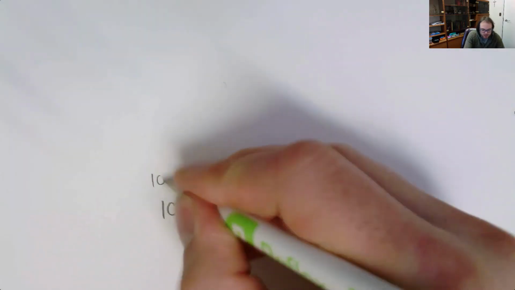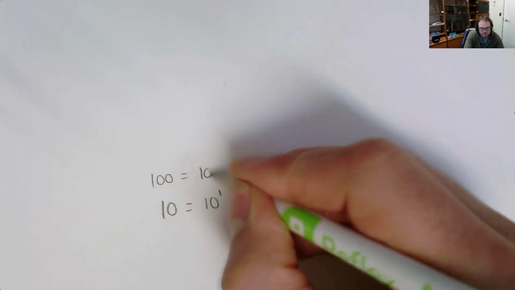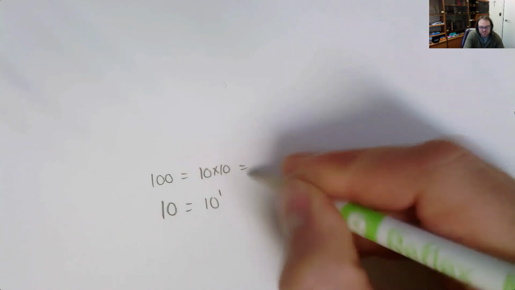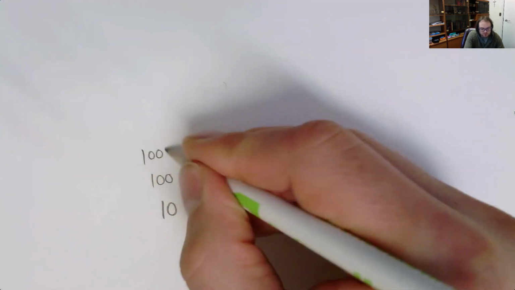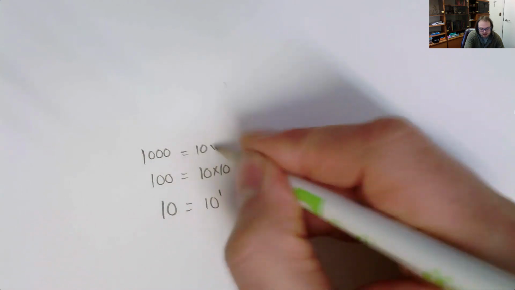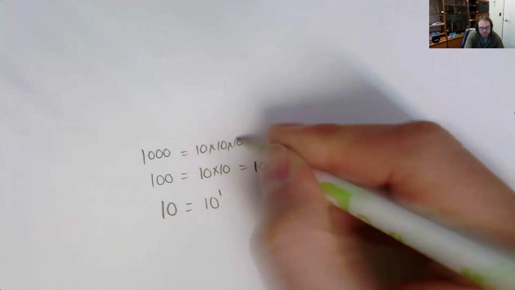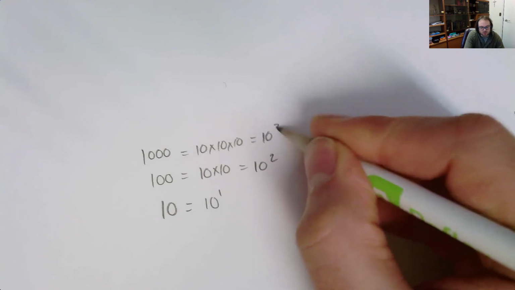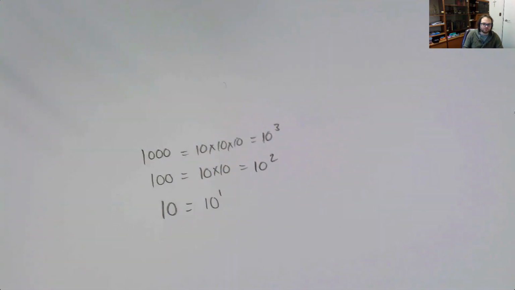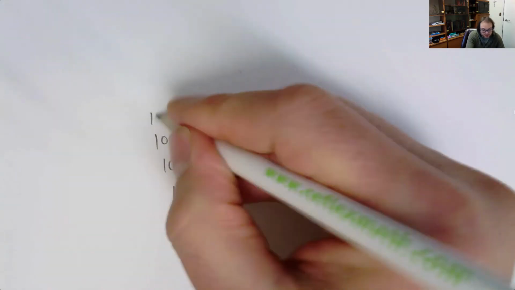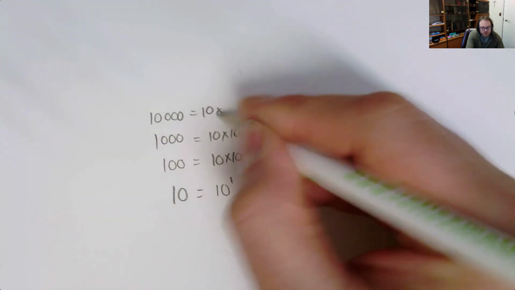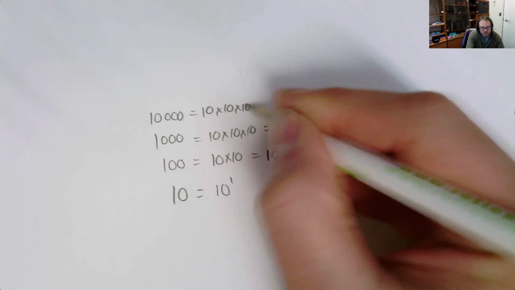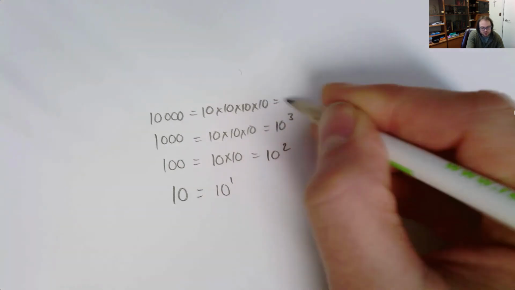Well, we know 100 is the same thing as 10 times 10, which is the same thing as 10 squared. I know 1,000 is equal to 10 times 10 times 10, which is 10 multiplied by itself 3 times. I know 10,000 is equal to 10 times 10 times 10 times 10, which is equal to 10 to the power of 4.